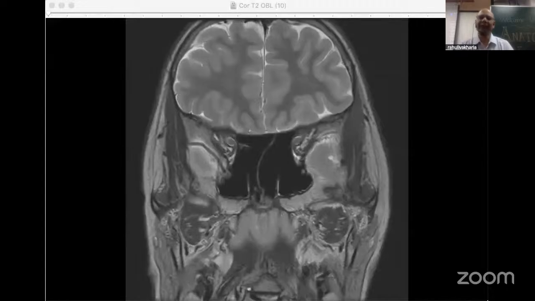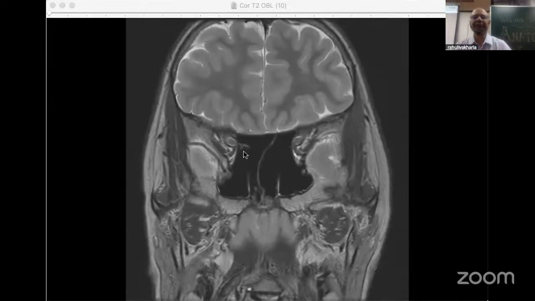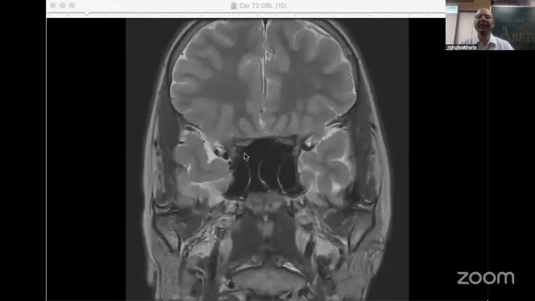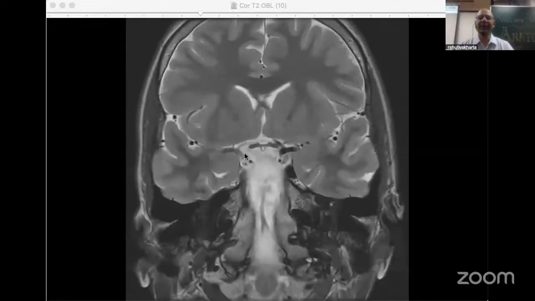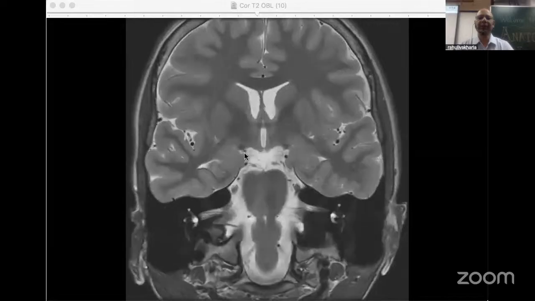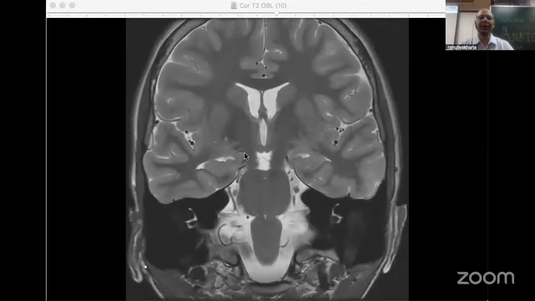Forget it, I'll toggle. So this is a T2 weighted image. This is what we have been talking about. This image is acquired when you take the oblique coronal.